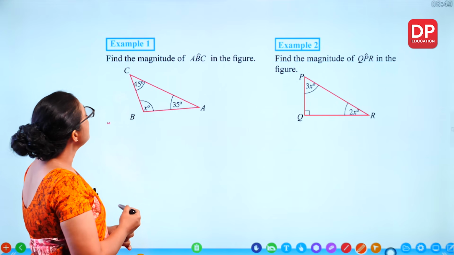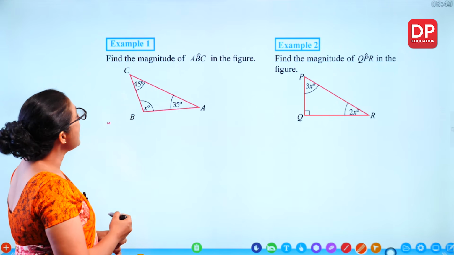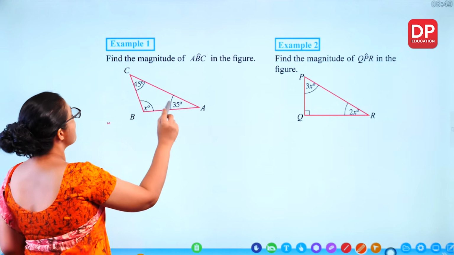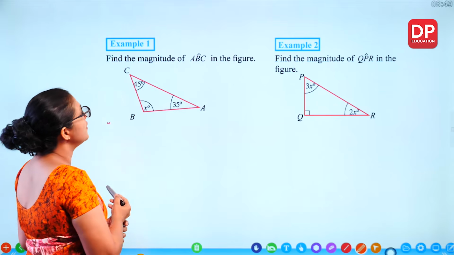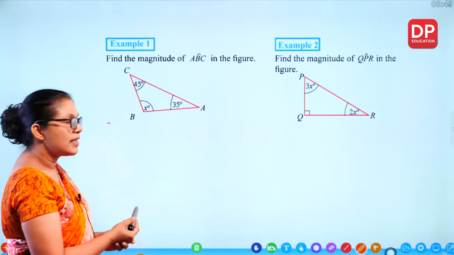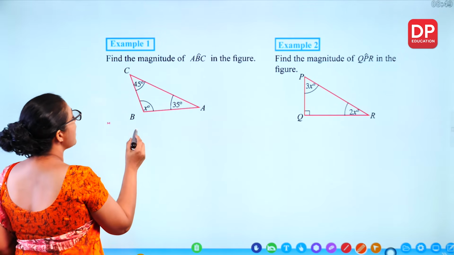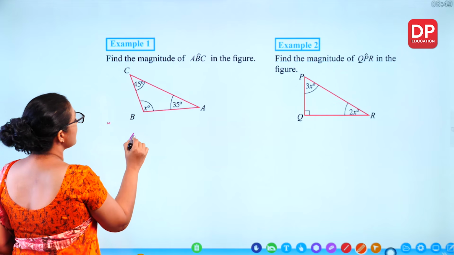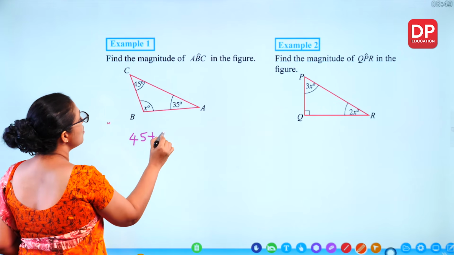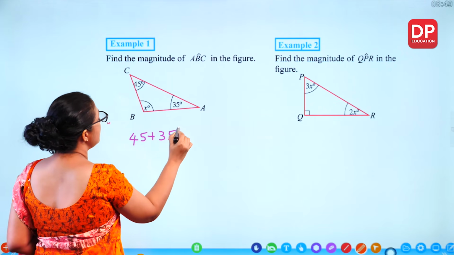Example number 1. Find the magnitude of ABC. That means X value. We know this is a triangle. What's the angle sum of a triangle? That's equal to 180.